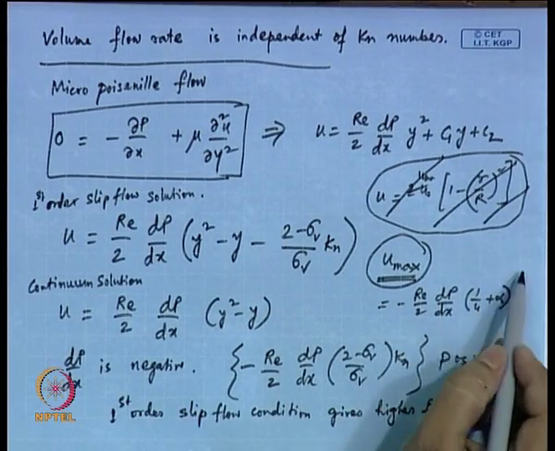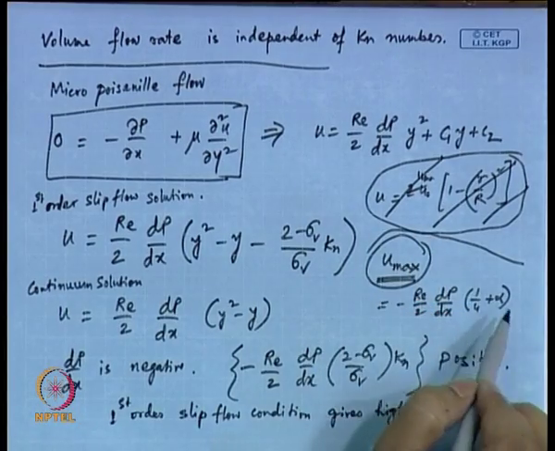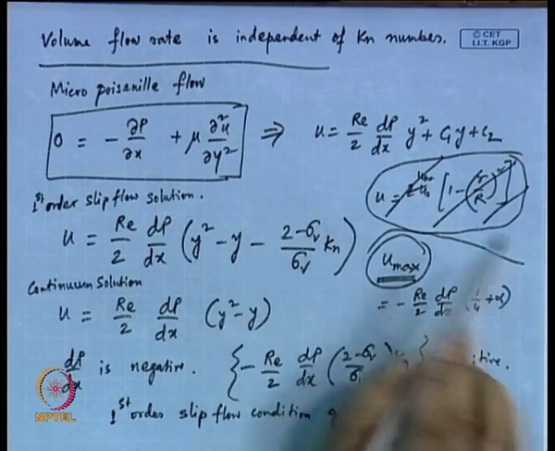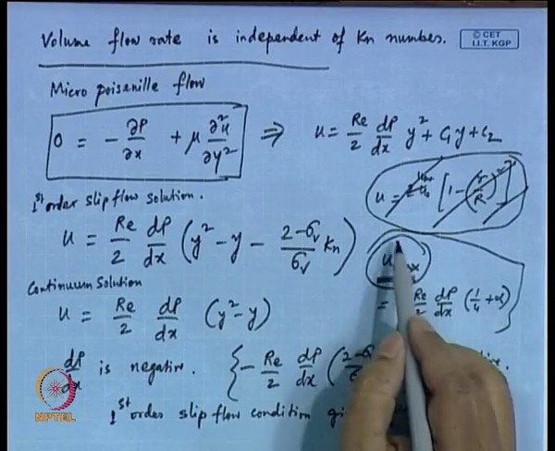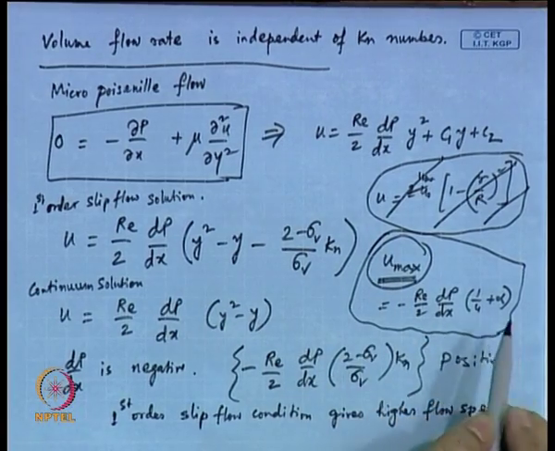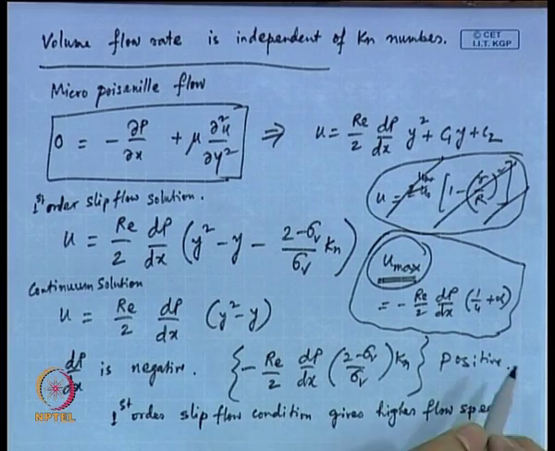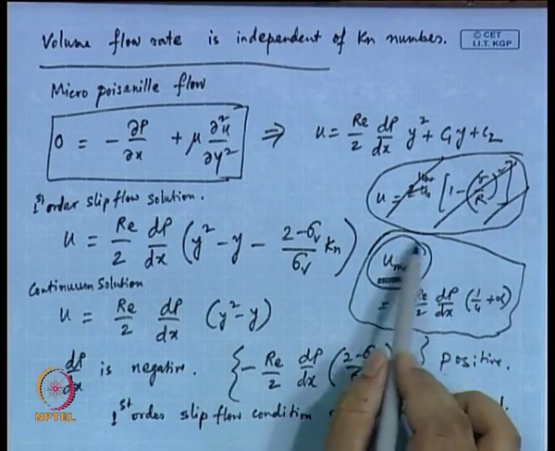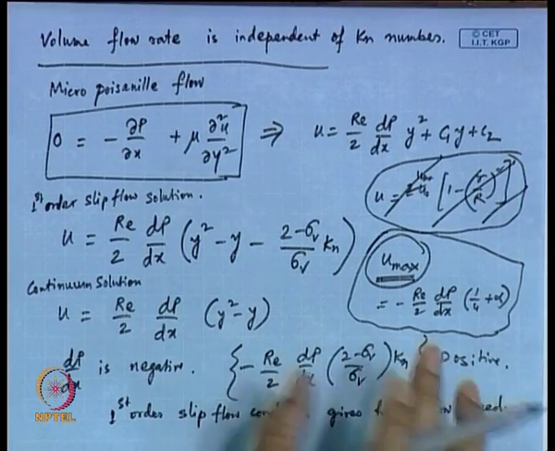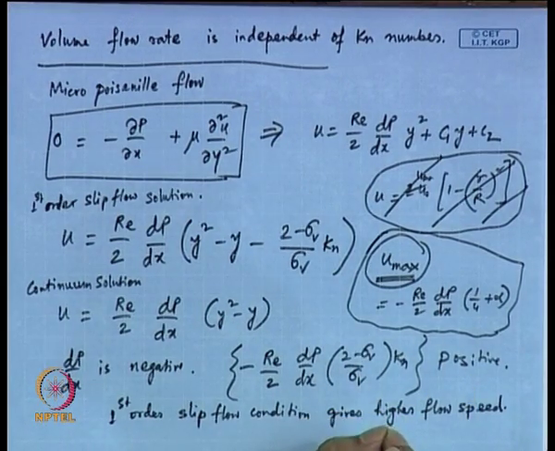This alpha has the same meaning as we had earlier; in case of micro-Couette flow, we had a definition of alpha. So one can come up with this u max expression. All the exercises that we do for macroscopic flow can be done with this first order slip flow boundary condition.